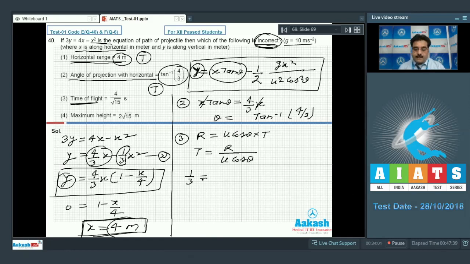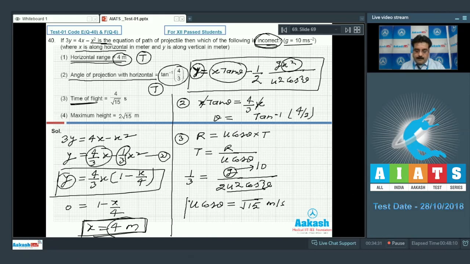And the coefficient of x square in your general equation is g upon 2u square cos square theta, right? So if I place the value of g, that is 10, so 2 5 ja 10 and 3 will be here, u square cos square theta. So when you solve, you will get u cos theta equal to root 15 meter per second. So this is the value of u cos theta.